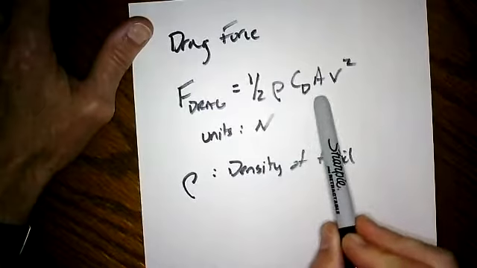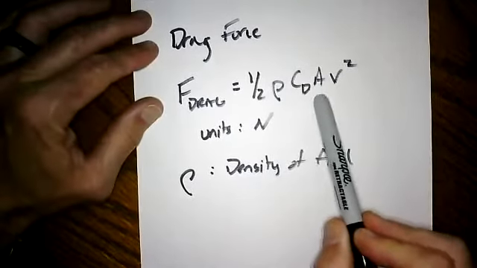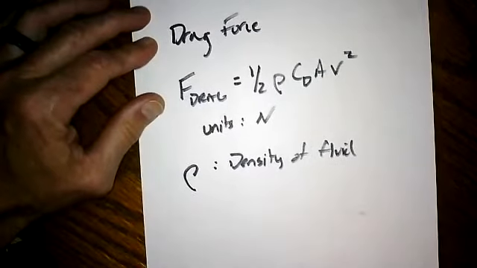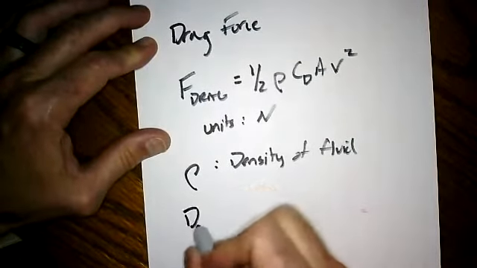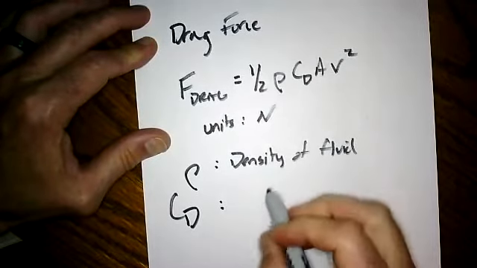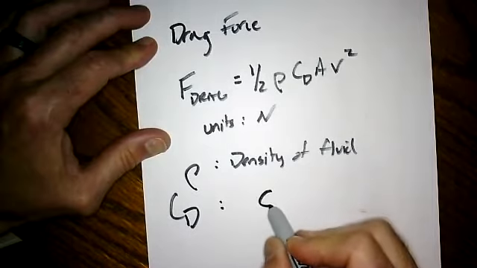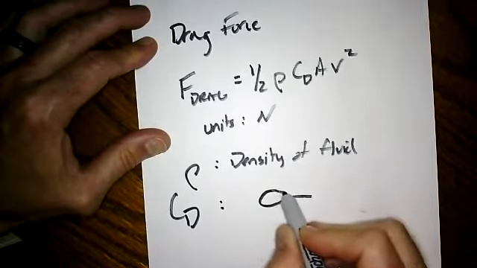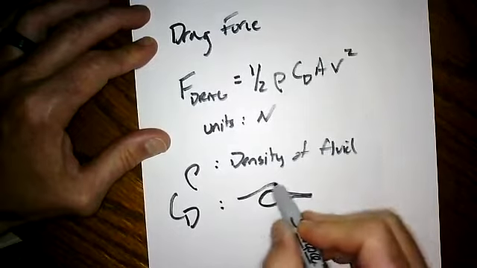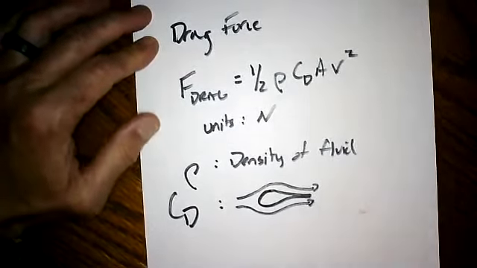C, D, and A, we typically in the real world on the field will combine these terms, but Cd is coefficient of drag, and it's how well the fluid moves over the object. And the easiest way I think about it is that side view of an object. In this case, this is like a wing.